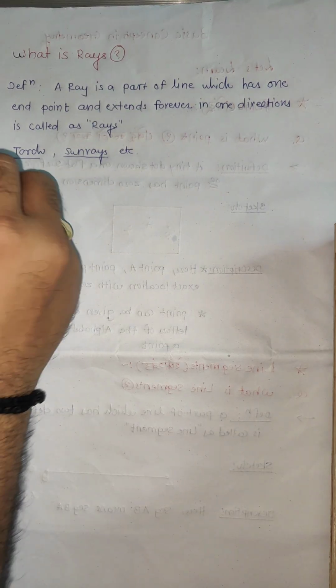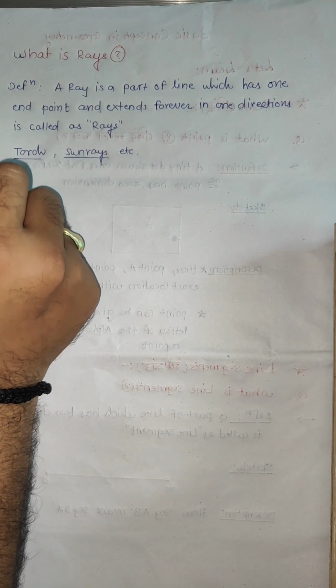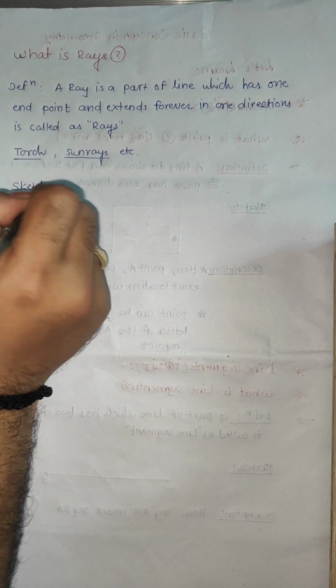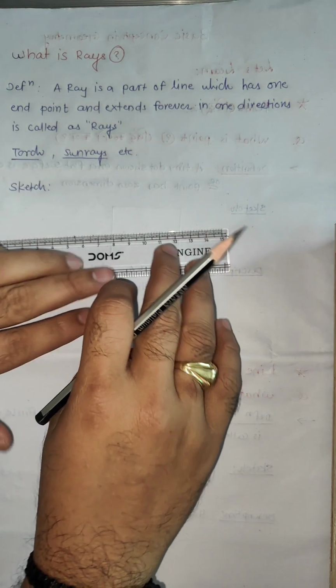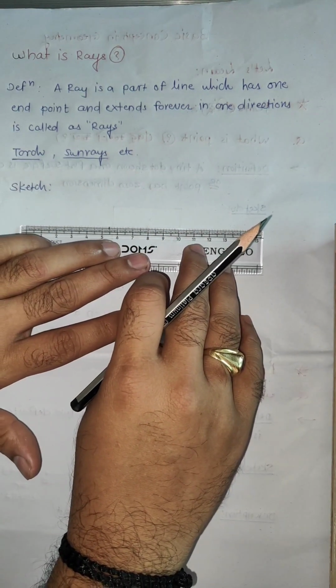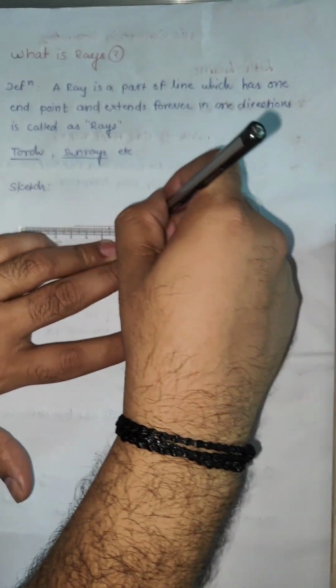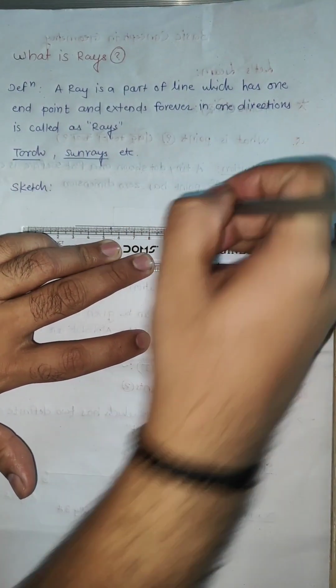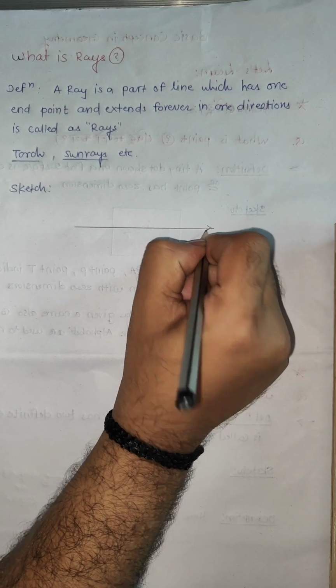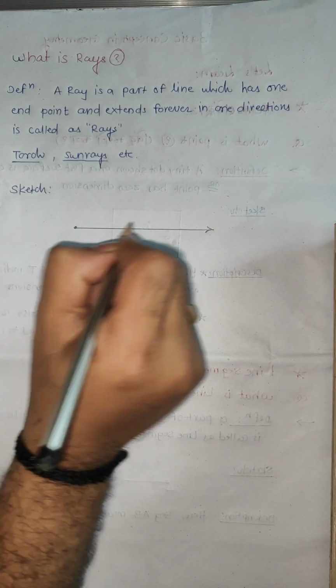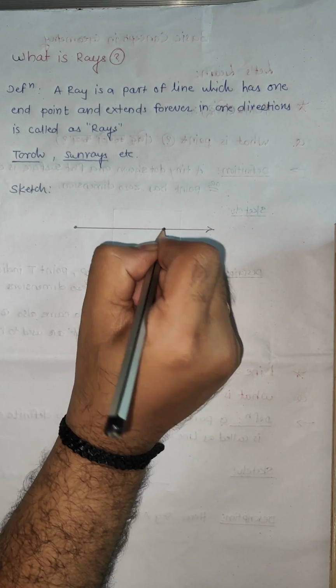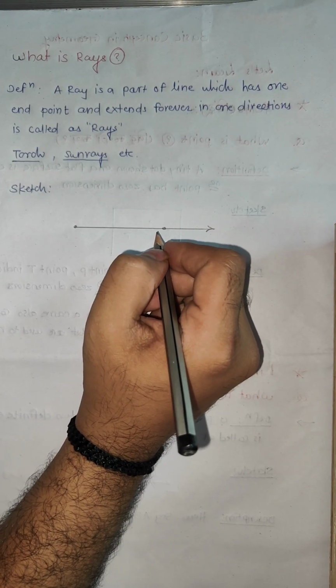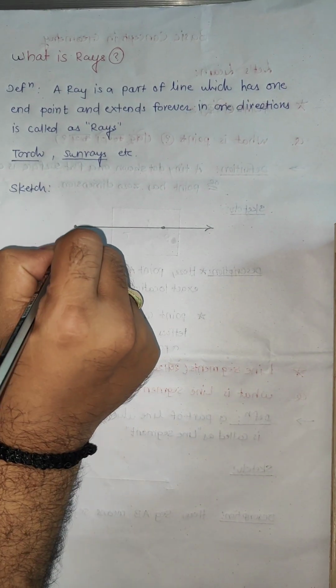Now, what is the sketch of a ray? With the help of a pencil and ruler, we can draw a sketch of the ray. Draw a straight line first, with one endpoint, and an arrow that moves forever, or infinitely, in one direction. That is ray AB.